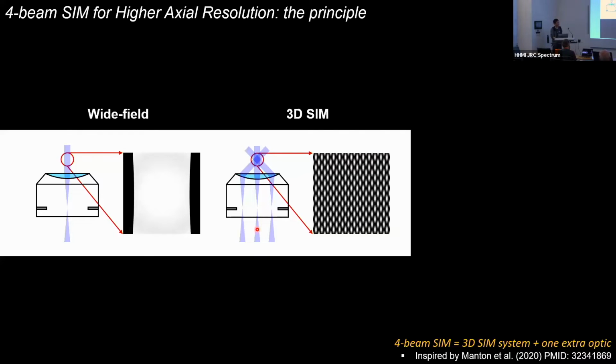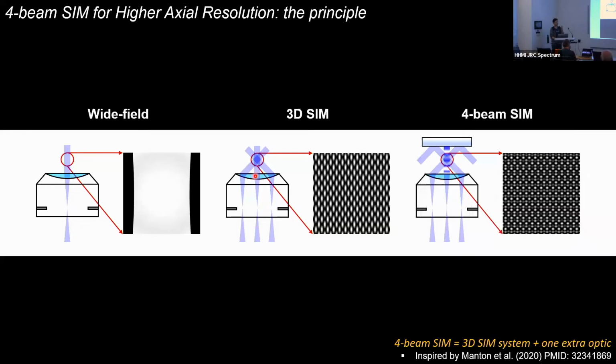To further improve the actual resolution of 3D SIM, we thought about a very simple but straightforward method, which is to put a mirror on top of it. Then our idea is to introduce 4-beam interference at the sample imaging plane. We showed that placing a mirror directly opposite the sample enables 4-beam interference, named 4-beam SIM.